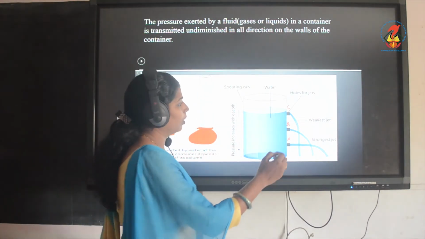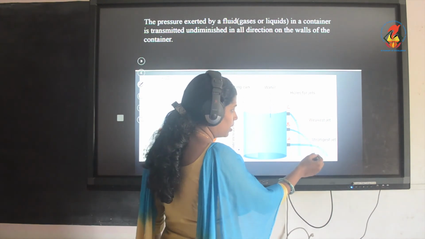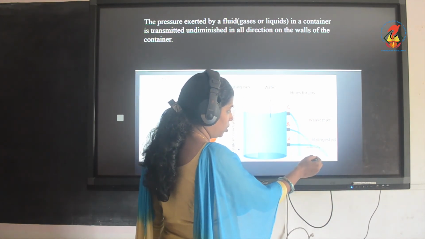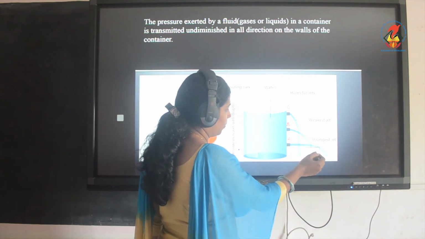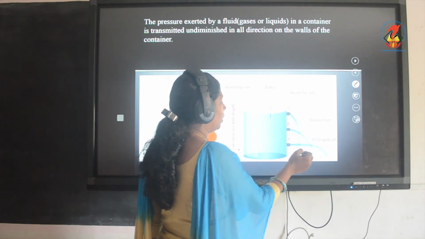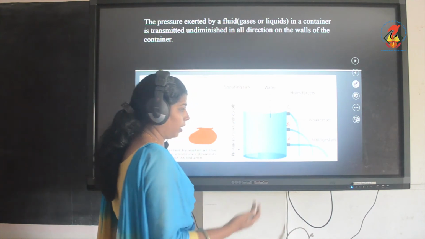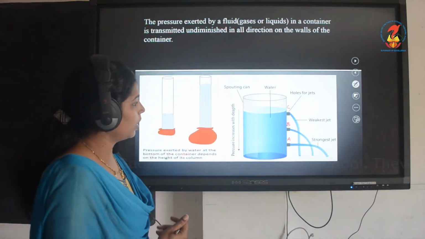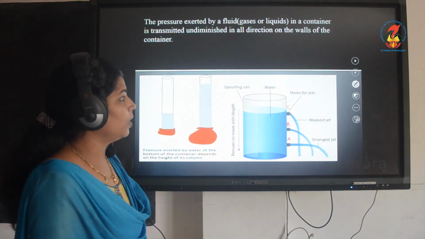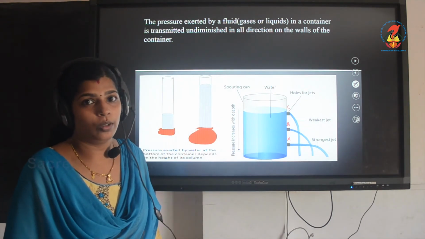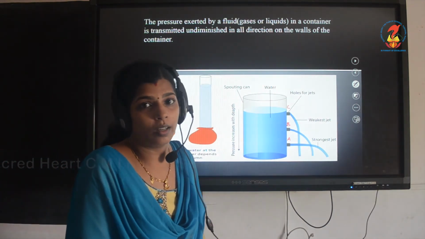Through B it is not that much when compared to A, and through C it is less when we compare with B and A. So that means that water pressure increases with depth.